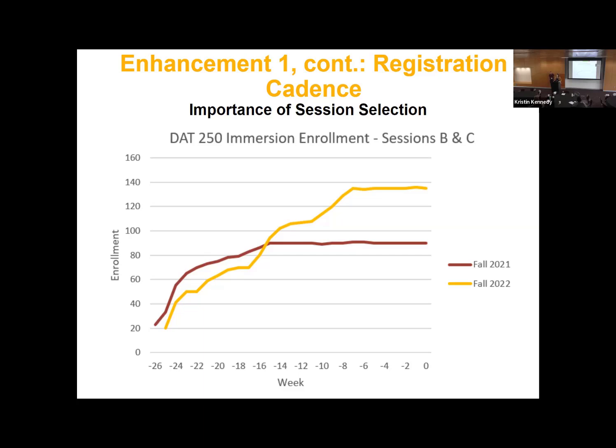So DAT 250 is one where we've really had to develop other ways of looking at how we project for this course. You can also see here that it stops at about 95 for fall 21 and about 135 for fall 22. That's because the course actually filled.